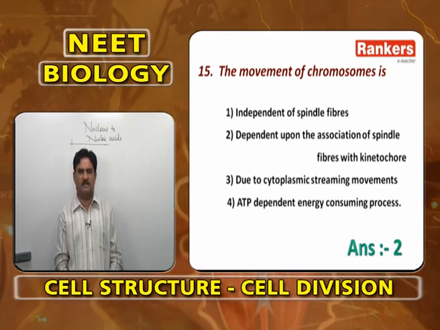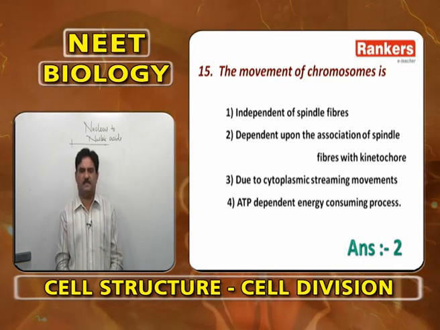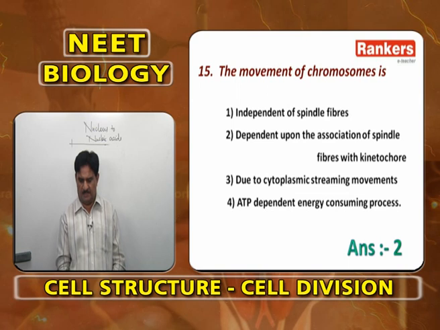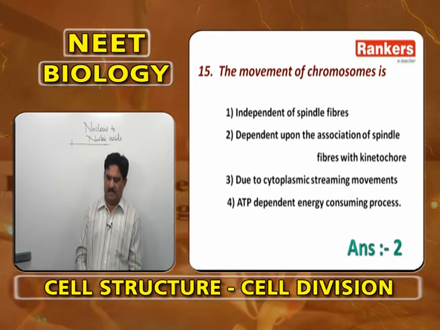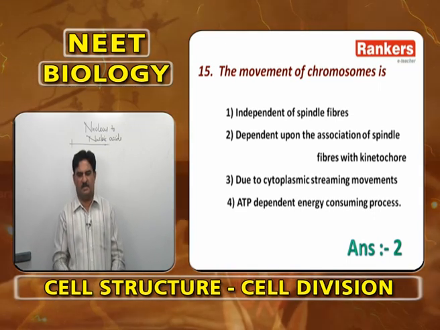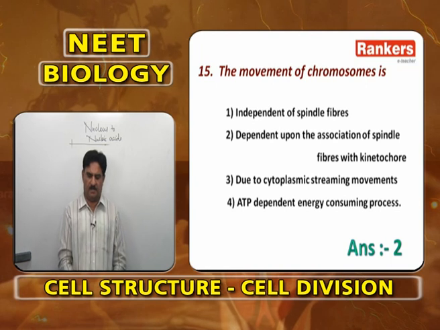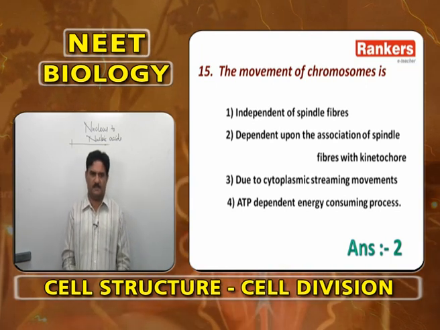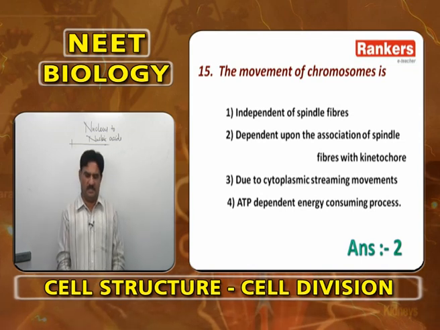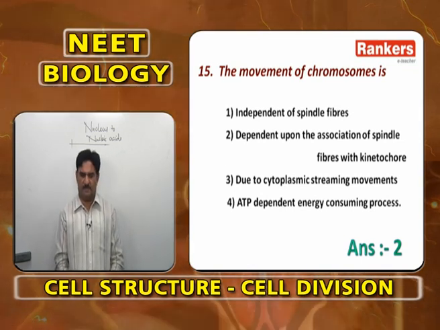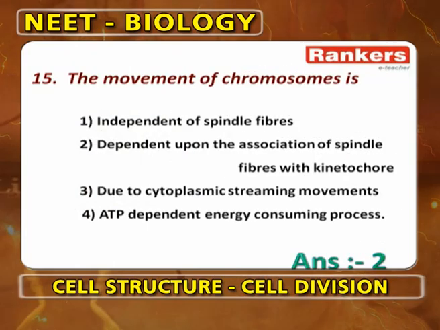Whenever they attach and move, they also take chromosomes with them. Due to cytoplasmic streaming movements is wrong. Cytoplasmic streaming does not help in movement of chromosomes. ATP dependent energy consuming process is also wrong. Energy formation is over by G2 stage. So dependent upon the association of spindle fibers with kinetochores is correct. The movement of chromosomes depends upon the association of spindle fibers with kinetochores.